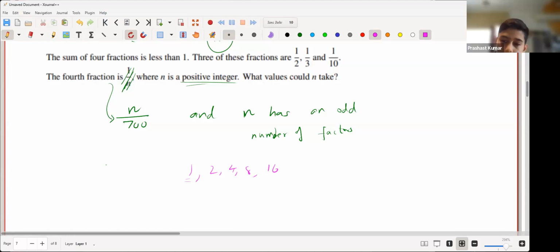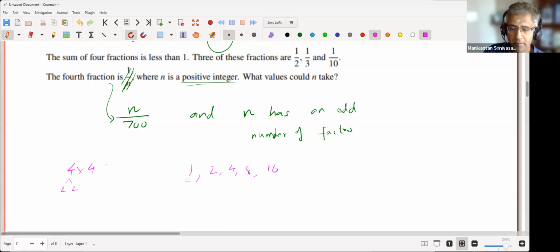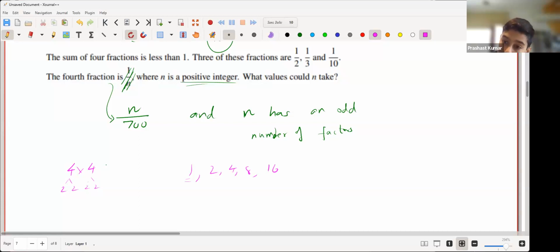Okay, so let's take 16 itself. Okay. So 16 is equal to 4 into 4. 4 can be further divided into 2 into 2. So then 2 into 2 into 2 into 2 is 16. So that's an even number of factors, but then there's 1. So plus 1, if we do an even number plus 1, we will always get an odd number. I'm not clear.